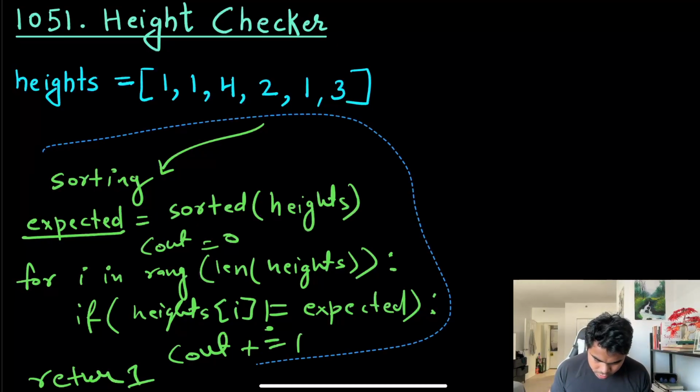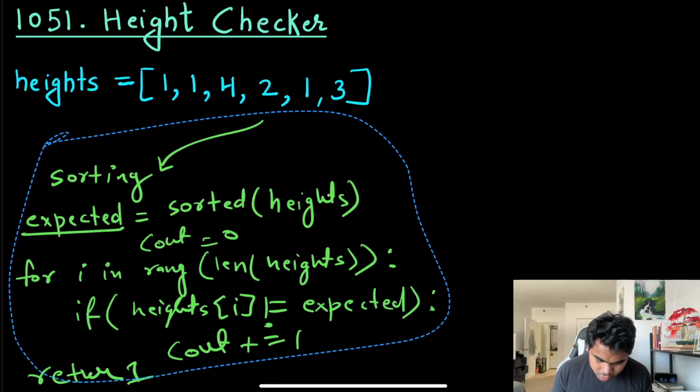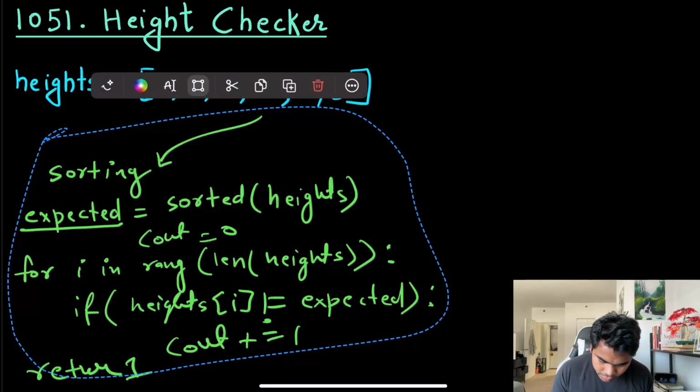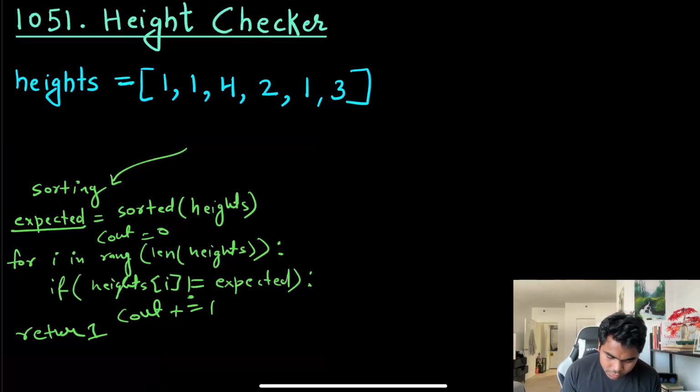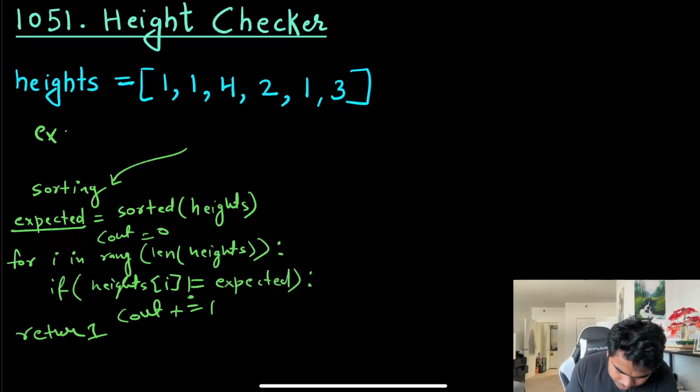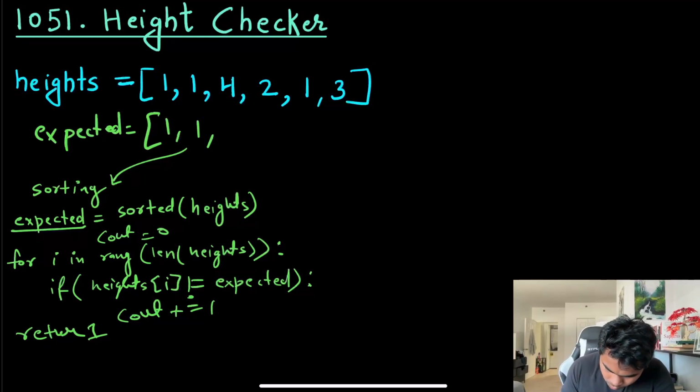Now this is solution 1, and I will just show you a dry run on this as well. When you sort this, expected would be 1 1 1 and then 2 and 3 and 4.